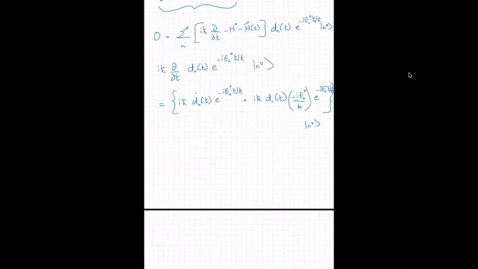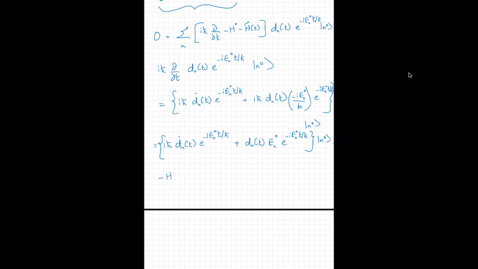Okay, this is the first piece. So what is this equal to? This is equal to iħ ḋ_n. The ħ cancels here. i times minus i is plus, right? Yeah, plus E_n0 d_n e^(-iE_n0 t/ħ). Okay, this is the first piece. Is this clear? This is the d/dt part acting on the right hand side. The second part is minus H0.